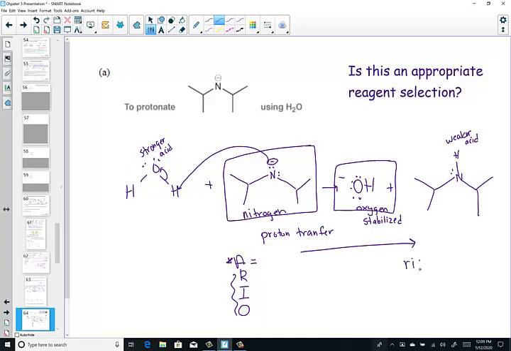So definitely we could see this equilibrium favoring the right side. It's favoring the more stabilized conjugate base. It's favoring the weaker acid. And so, yes, this is a reagent that would work great in protonating that base, because I'm actually seeing a reaction proceed in the forward direction.